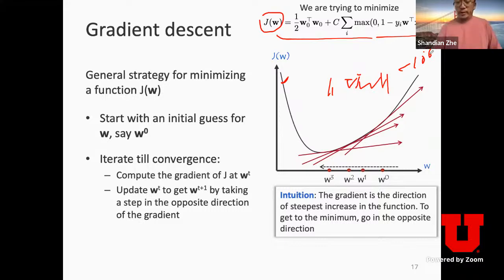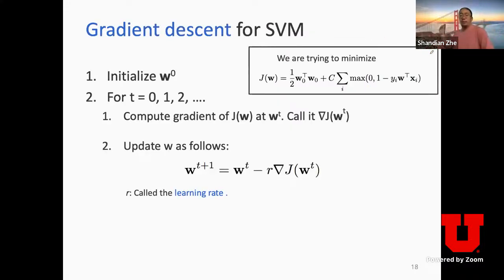Okay, great. So now let us apply the gradient descent framework to our SVM training. Remember, this is our objective function. The quadratic term helps us find a maximum margin, and the hinge loss helps us better fit the data. So we initialize our model parameters, and then we go through many iterations.